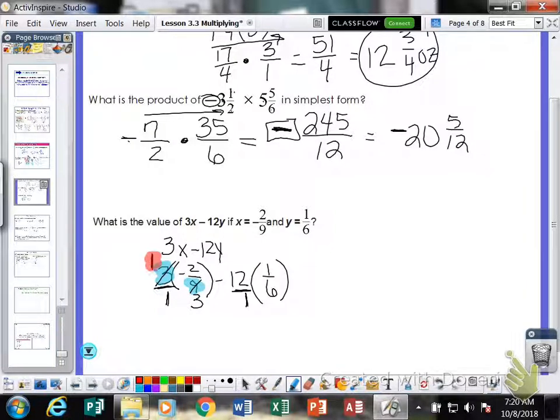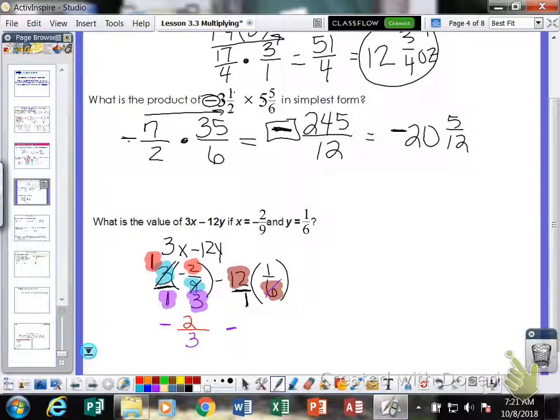Now multiply across the top. So 1 times 2 will give me 2. And then multiply across the bottom. 1 times 3, which will give me 3. Don't forget the negative. Minus, now notice here I have 12 and 6.